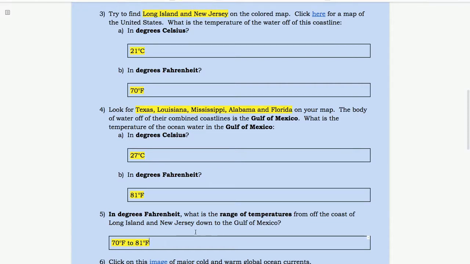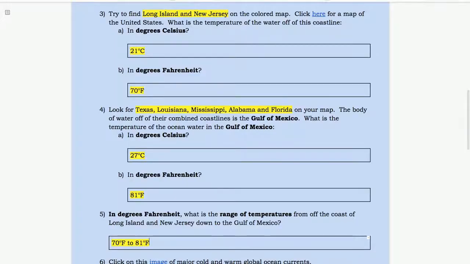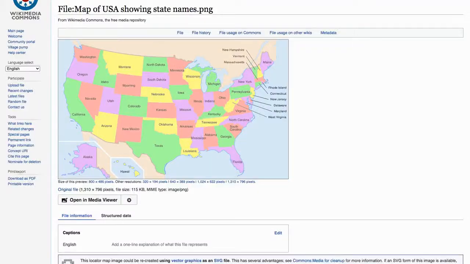So this means that if you're looking at a map of the United States and you're swimming along the coastline or you're in a boat, the average temperatures range from 70 degrees Fahrenheit, all the way to, around Florida, 81 degrees Fahrenheit.